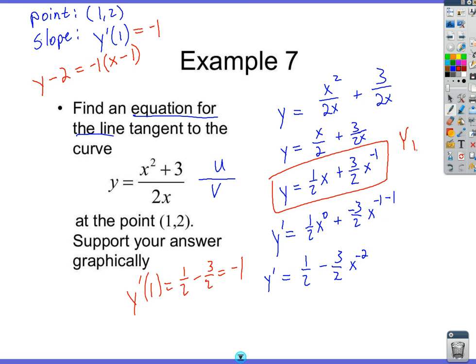Then put this equation into y2. Solve this equation for y, so make this y is equal to negative 1 times x minus 1 plus 2.